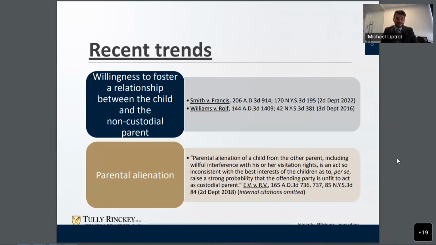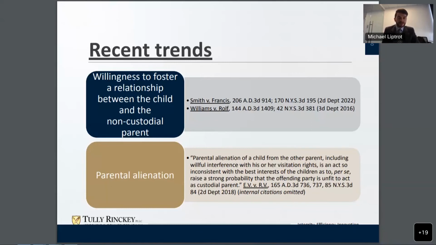Francis was a case where the appellate division looked at the record of the family court trial and actually overturned the family court decision. The family court said that there was not enough evidence that the custodial parent was failing in his duties to act as the custodial parent. And the appellate division said, no, the evidence is so clear.